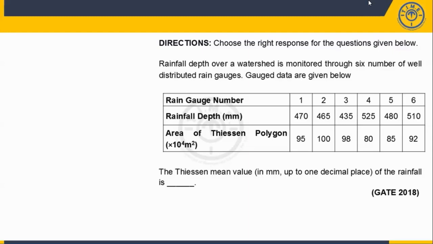Sir, 479.09. So average precipitation, right?